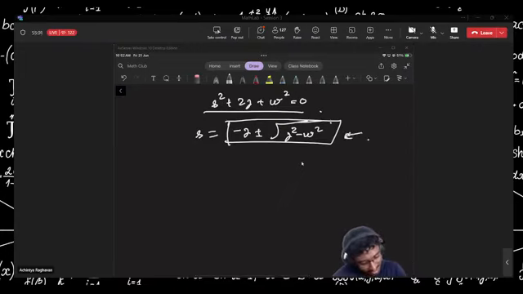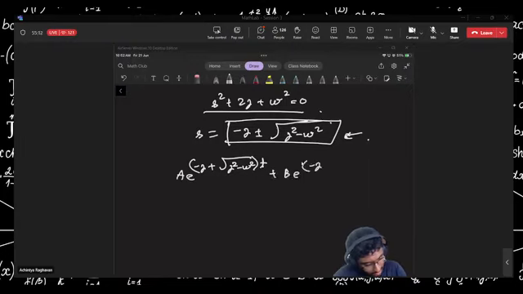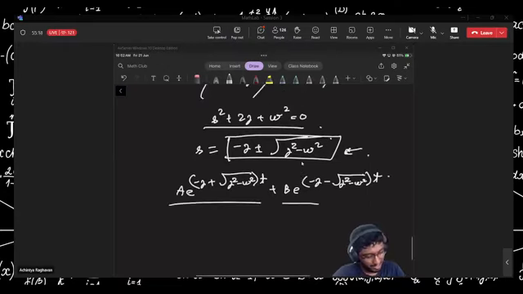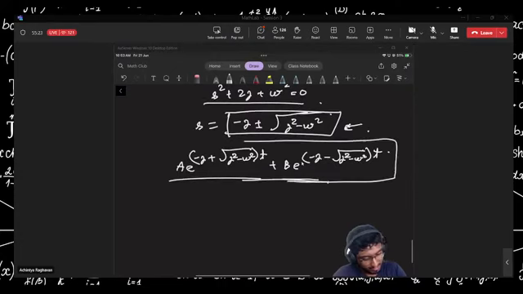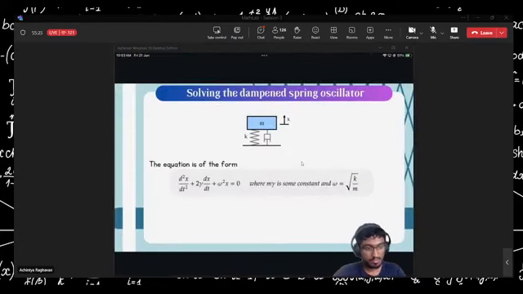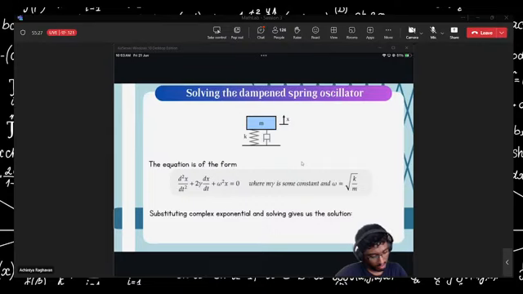So the general solution is of the form A e^((-gamma plus root of gamma squared minus omega squared)t) plus B e^((-gamma minus root of gamma squared minus omega squared)t). Remember, the final solution is a linear combination of e to the power of the roots. I've written it here. It looks a little different, but it's the same.